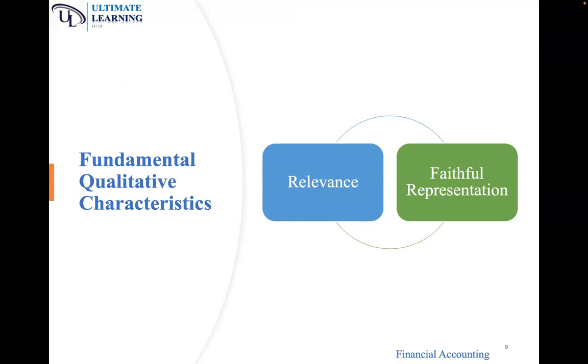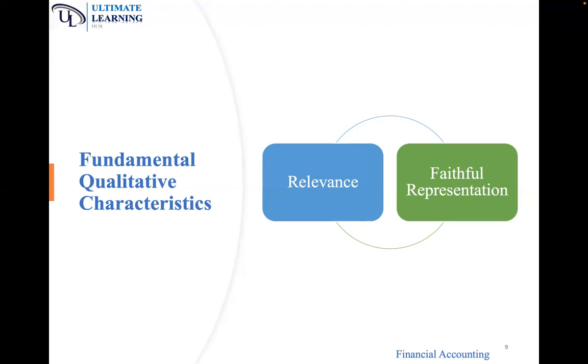We normally say that information is relevant if it can influence economic decisions of the users. Information is relevant if it is material. Information is relevant if it is significant. Information is relevant if it is important.